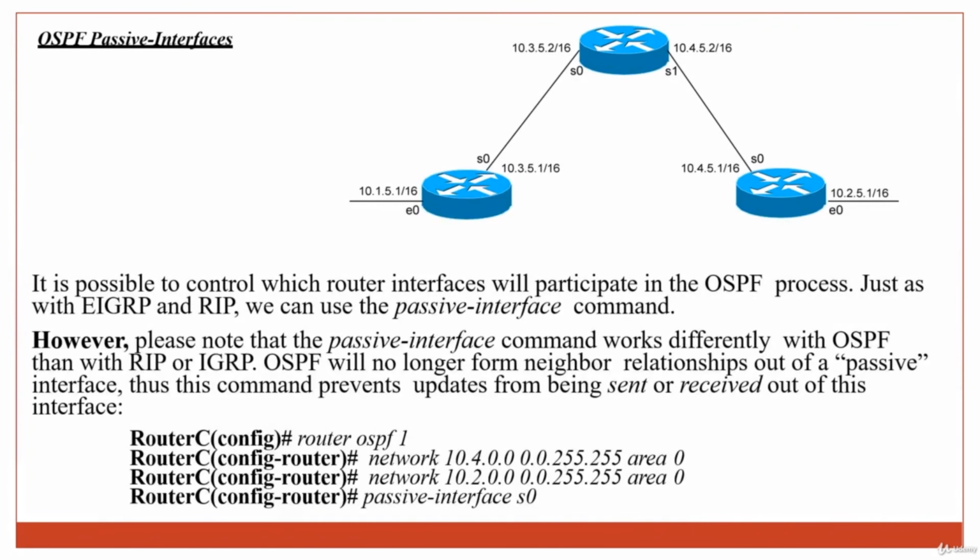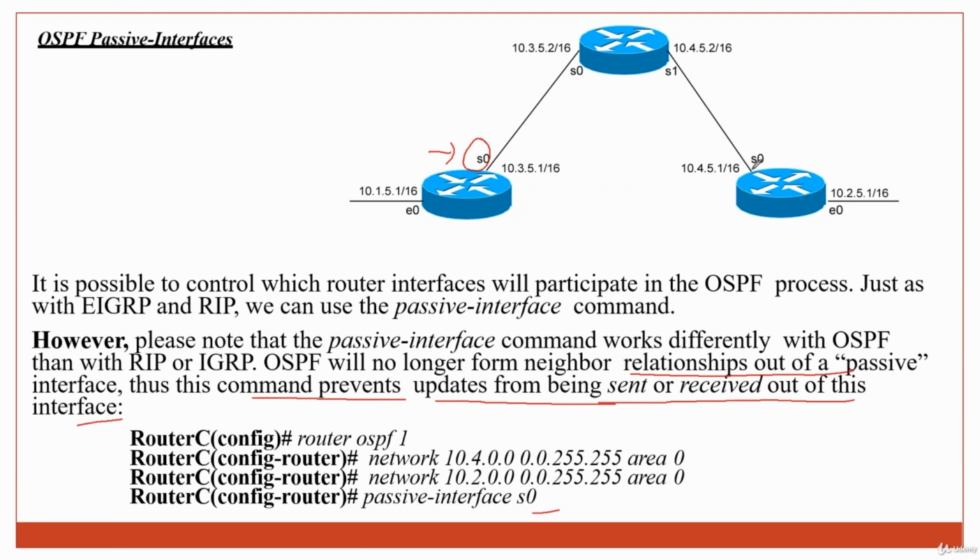Correct. Now the final thing in this recording, as was the theory, is the concept of passive interface. Suppose you don't want to form an OSPF relationship, then you can make any of these interfaces a passive interface. Passive means the command prevents updates from being sent out or received from this interface.